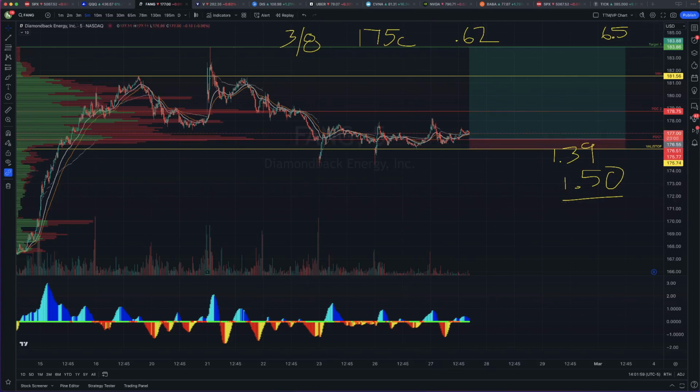So I'm looking at the 3/8, 175 calls, right, that are currently in the money, and they're at a 60. Well, now they're at a 63 delta. So that is the trade plan right now for FANG. I'm risking about $1.50 to make 6.50. And I'm going to wait until I can get a slightly better entry on a pullback, whether that happens in the morning.